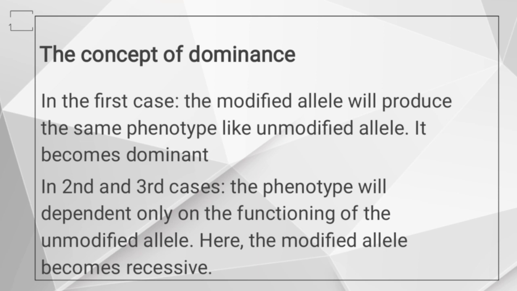Then only the recessive trait is expressed. Understood? The normal or unmodified allele is the dominant allele, and the modified allele is the recessive allele. Sometimes this recessive allele also acts as dominant when it produces normal or less efficient enzyme.